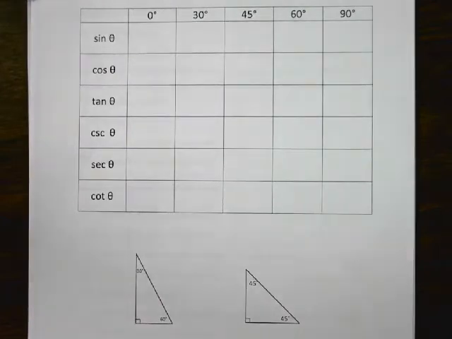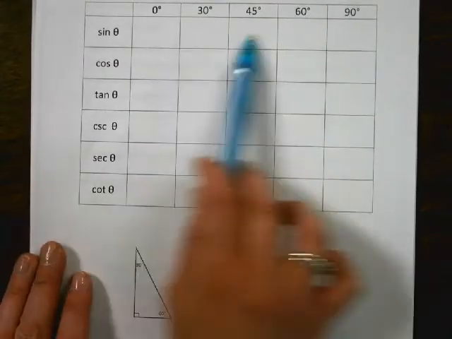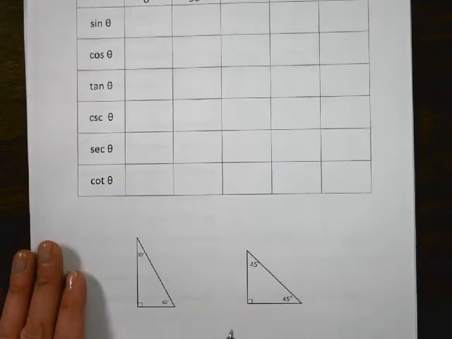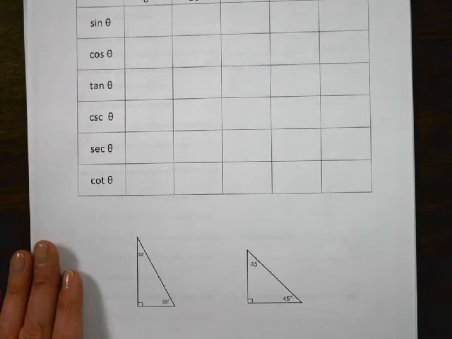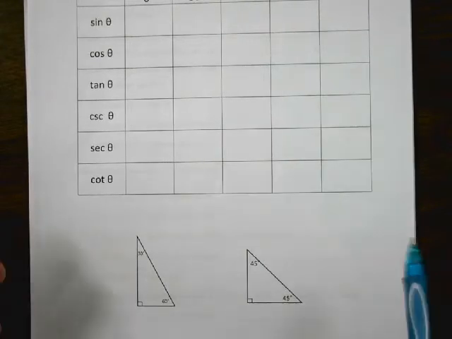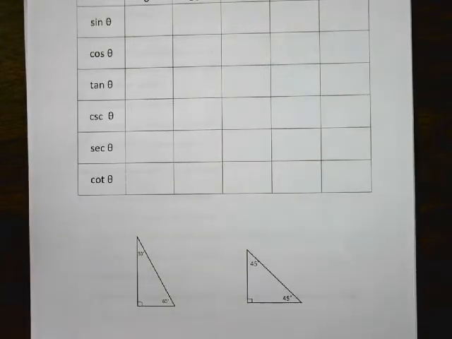Now, as you notice, we've got some right triangles going on here. We can still use those. Wyatt? I'm going to give you a blank one of these when you take your test. Does that make sense? So we're going to make one right now, and I'm going to show you how to make it so you can make it again when you take your test. Good question.